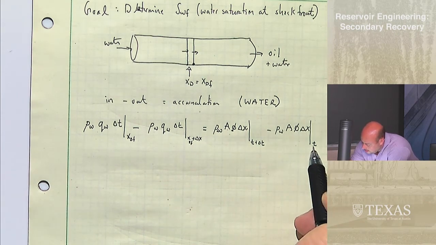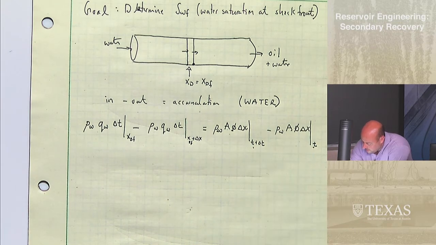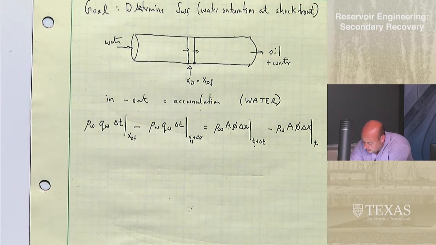So this is the mass at time t, and this is the mass at some future time t plus delta t.